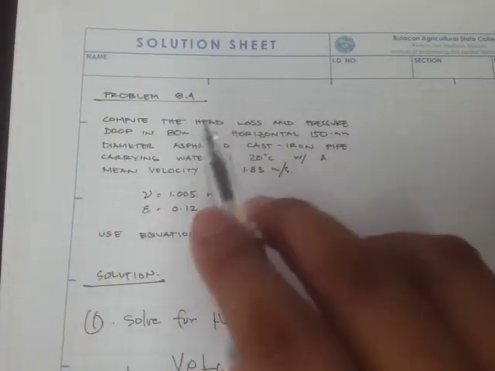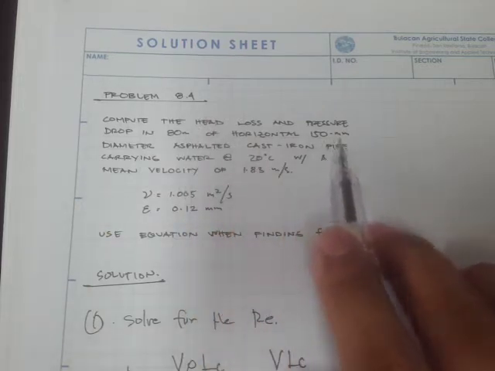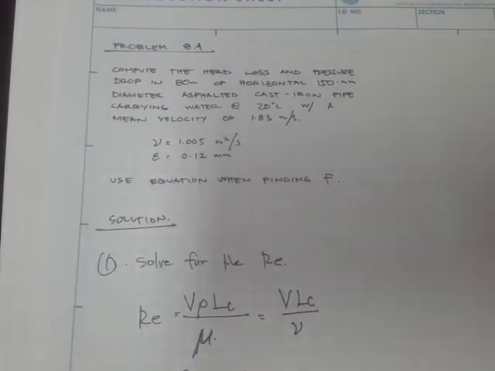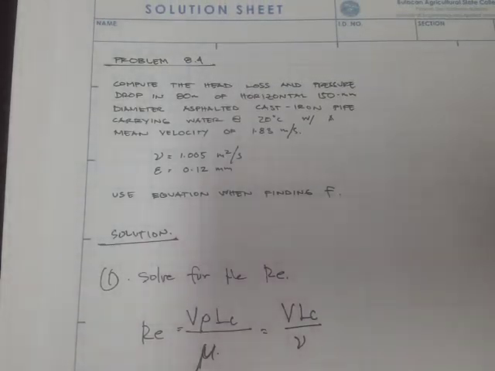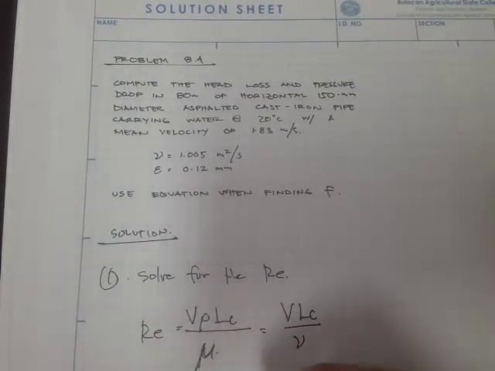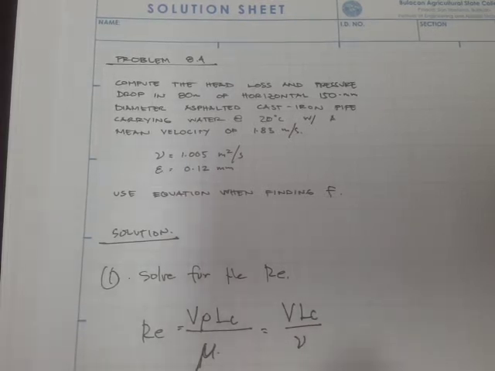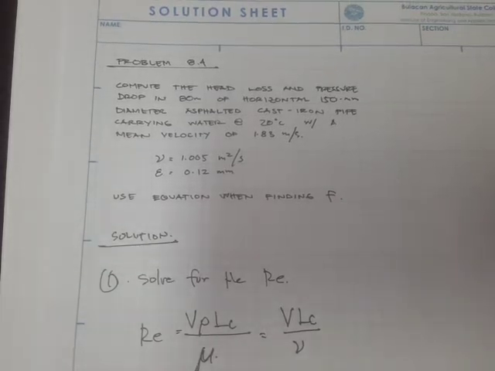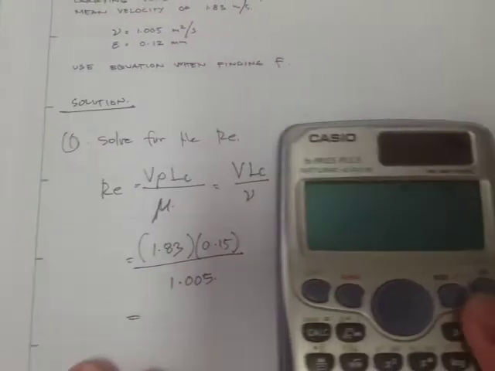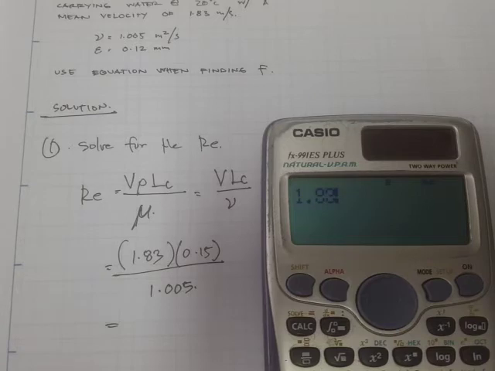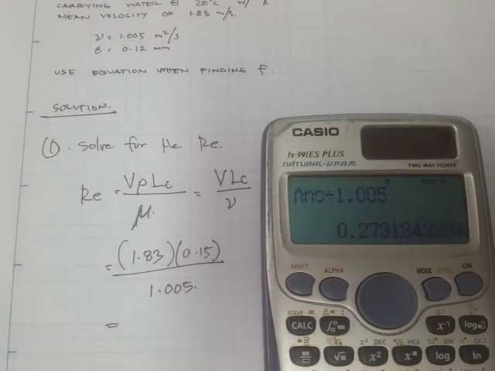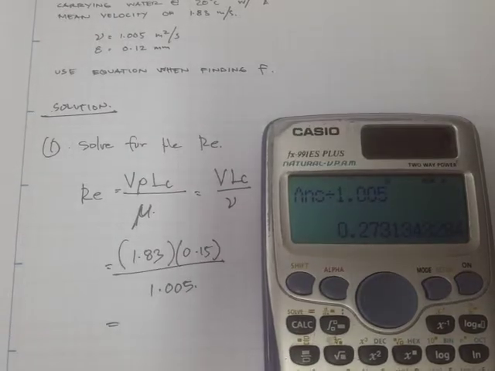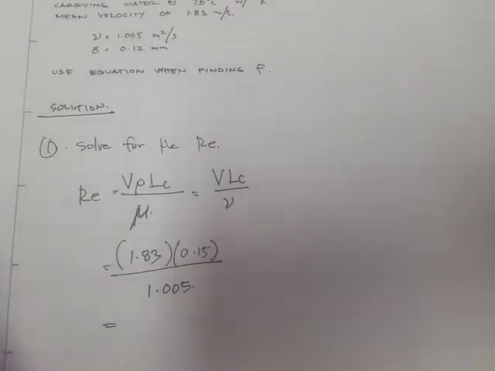Okay, so in 80 meters of horizontal 150 mm pipe, our characteristic length for the circular pipe is just the diameter itself. So this one will be 0.15 all over the kinematic viscosity. That's 1.83 times 0.15 divided by 1.005, and I guess we're missing something.